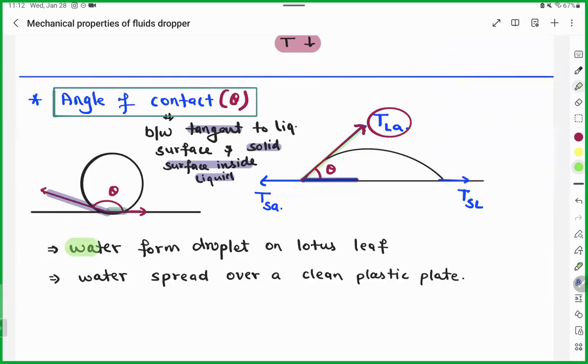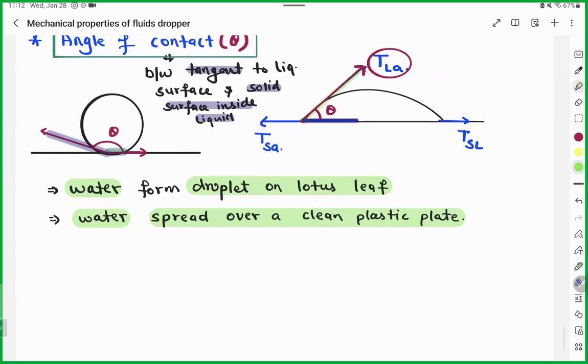Okay, so guys, water forms droplets on a lotus leaf, but the same water spreads over a clean plastic plate. What is the reason? Angle of contact will explain all these things.